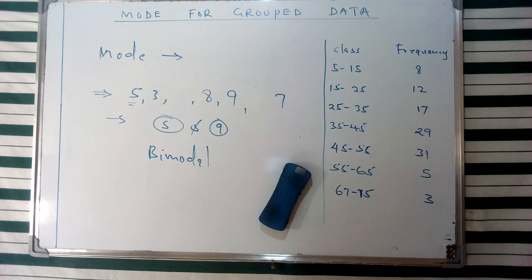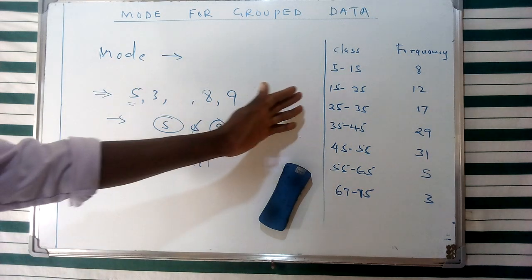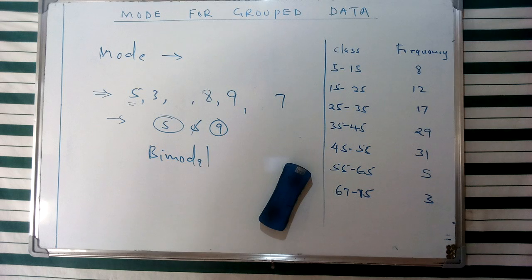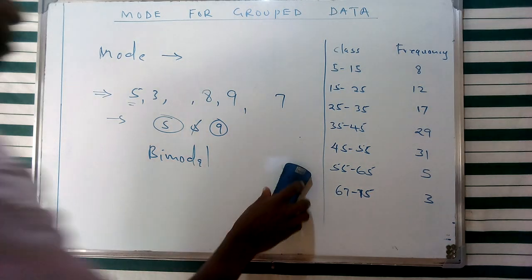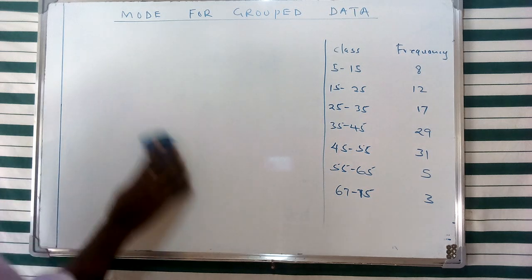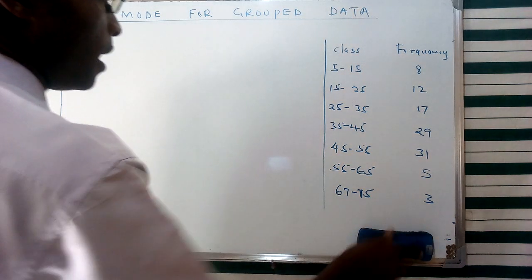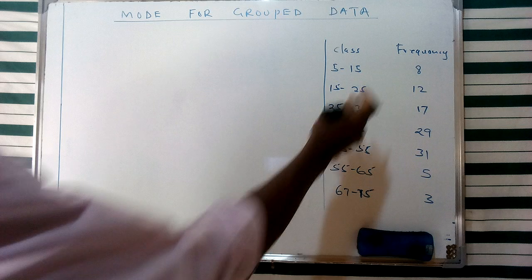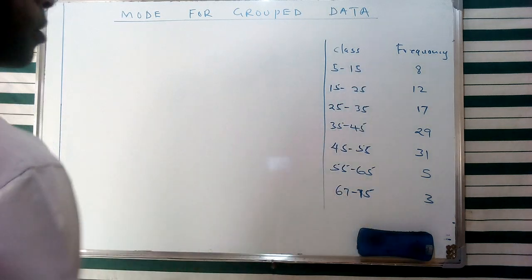So we're going to look particularly at a set of grouped data, and this is going to give us a general way of finding the mode. Now, in our description of the construction of a frequency distribution table, we stated that this is going to constitute various ranges of data given in terms of classes.